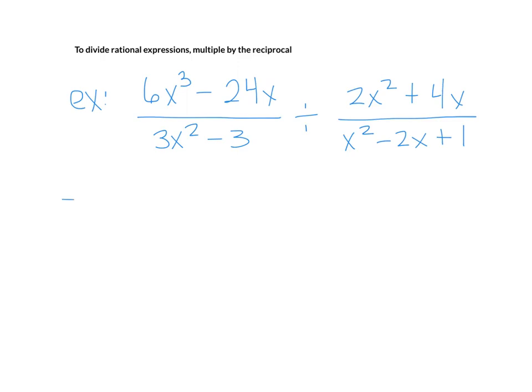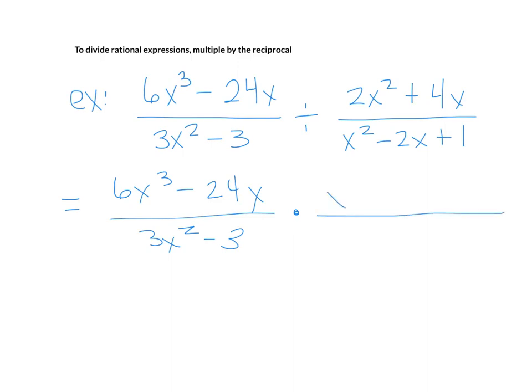So we leave the first rational expression the same, and we multiply that by the reciprocal of the rational expression we are dividing by. So the x squared minus 2x plus 1 goes in the numerator, and we're dividing by 2x squared plus 4x.